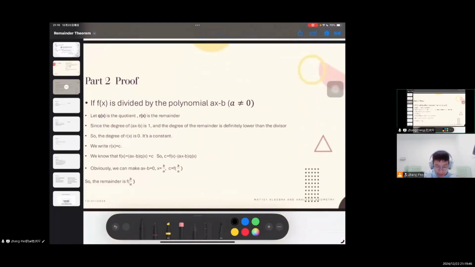If f(x) is divided by the polynomial ax minus b, where a is not equal to 0, let q(x) be the quotient and r(x) the remainder.